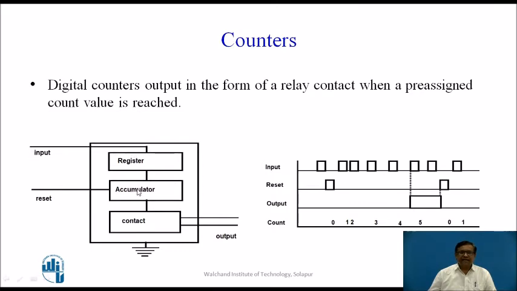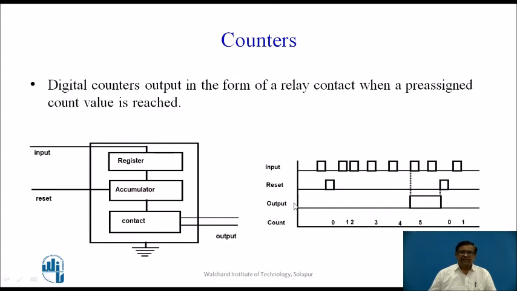The accumulator can be reset at the beginning, and these are the input pulses given to the register. The accumulator stores the number of pulses, and when a particular number of pulses is reached, this contact becomes closed. Otherwise this contact is open.